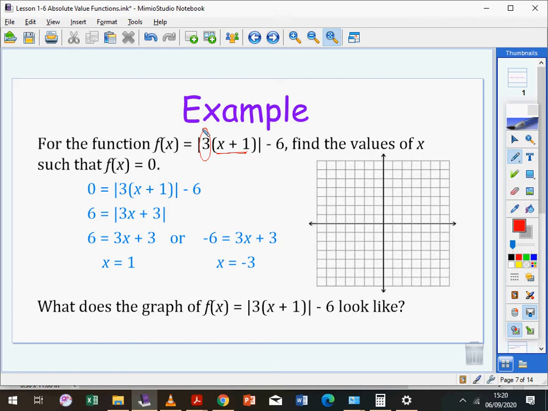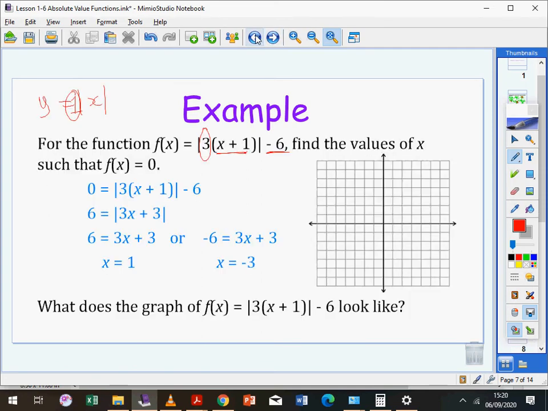So instead of having a slope of 1, you would have a slope of 3. I hope you remember that the slope would have been 1. Instead of being 1, it's going to be 3 for this equation. And then after that, it's moved down 6 units.